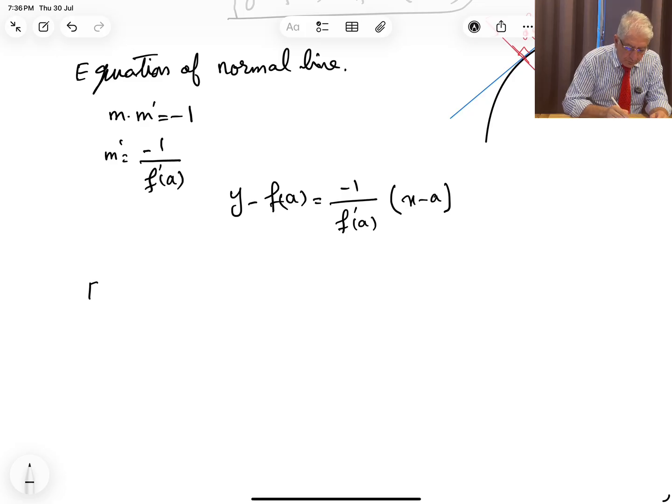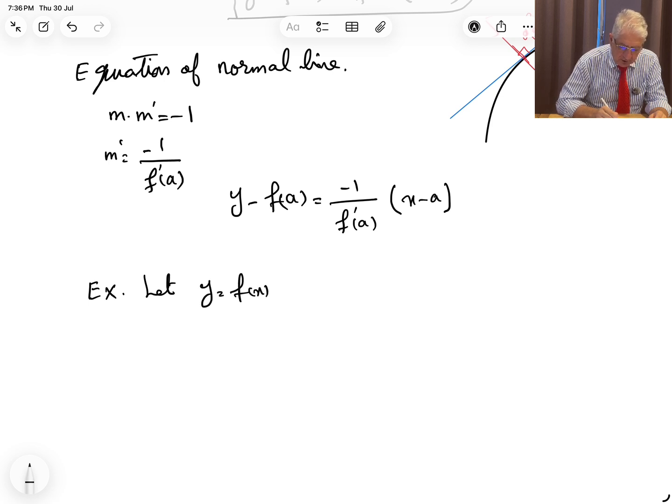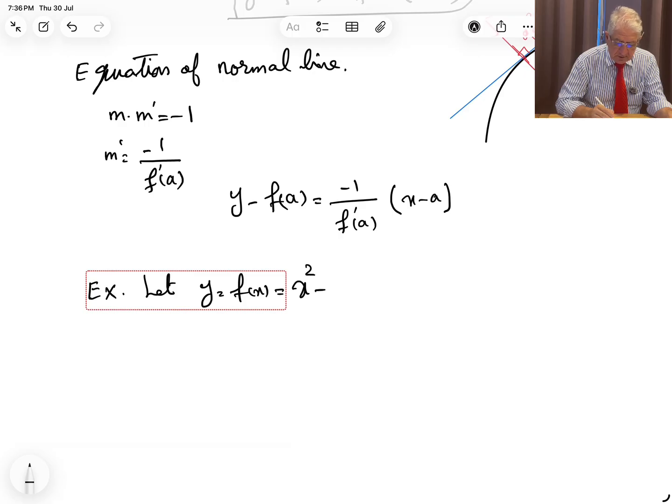Now, let y equal to f of x equal to x squared minus 5x plus 2.